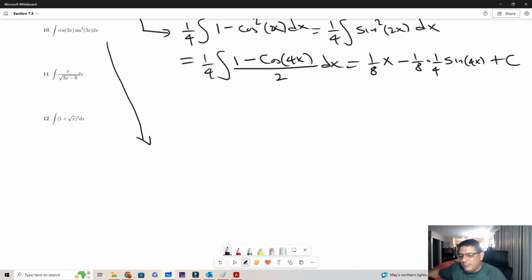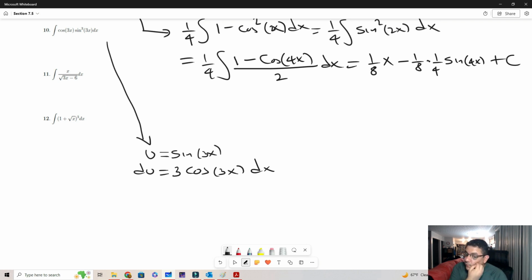So my takeaway from this will be, well, let's probably use u equals sine of 3x, and then the du, the derivative of this, is just going to be 3 cosine of 3x. Of course, we're using the chain rule, so you have to be careful here.